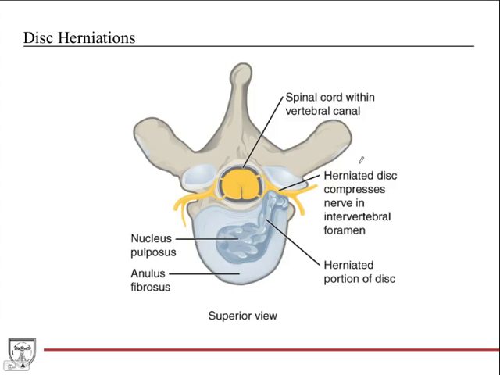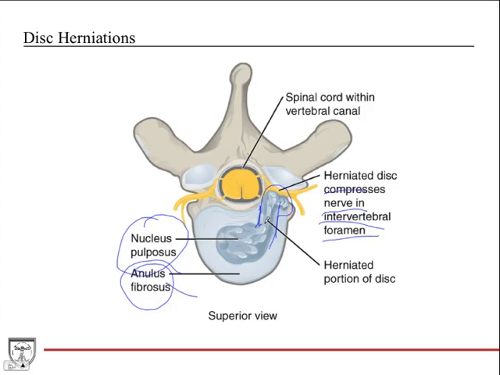Disc herniations. Now, I know we talked about this earlier in the chapter, but just to review here. This is an axial view of the intervertebral disc. Here's your nucleus pulposus and the annulus fibrosus, and if you remember, it's due to breakdown in the annulus fibrosus, as you can see here and here, and then the nucleus pulposus herniates out like this. It compresses the nerve in the intervertebral foramen between two vertebrae.